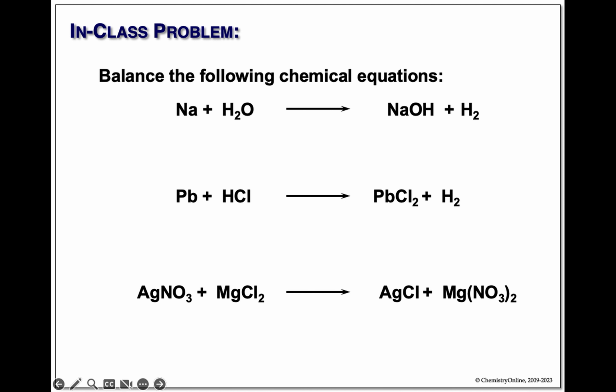So 2 sodiums, 2 sodiums. 2 hydrogens, oops, 4 hydrogens. So we need to double this. And that gives us 2 oxygens, and we have 2 oxygens there. So I think that should work. Yep.